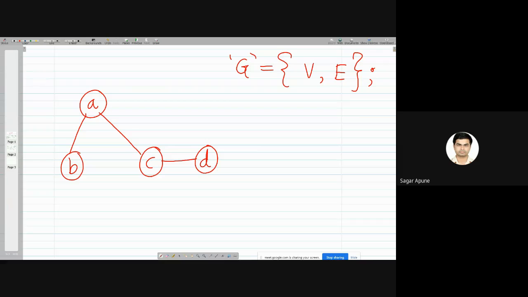Here V means vertices, and E means edges. V is a set of vertices, E is a set of edges.